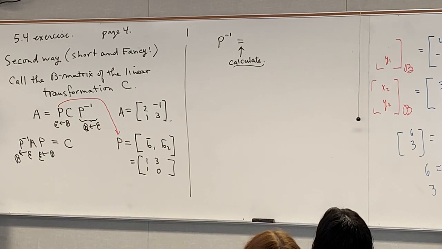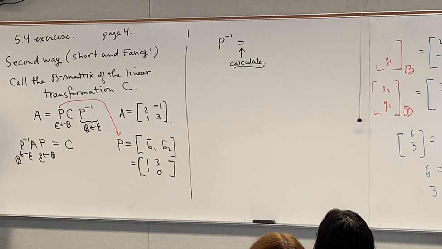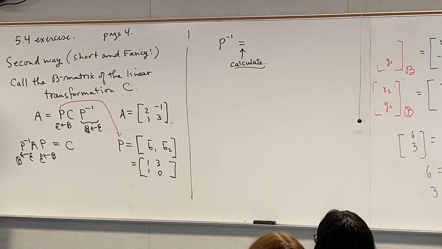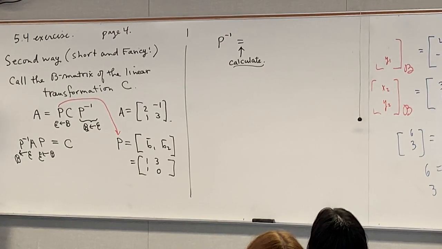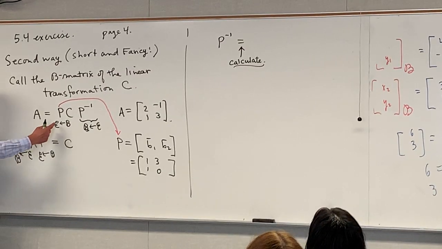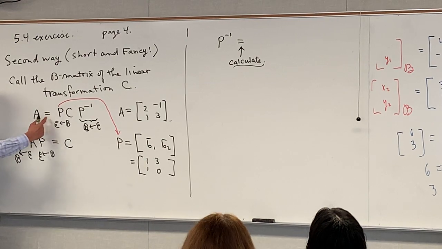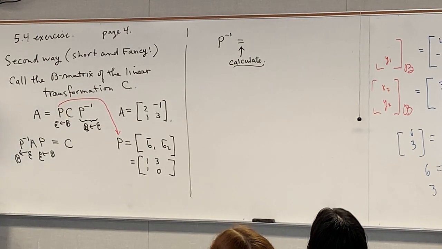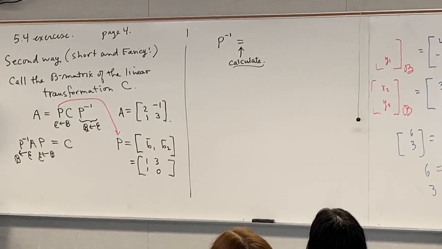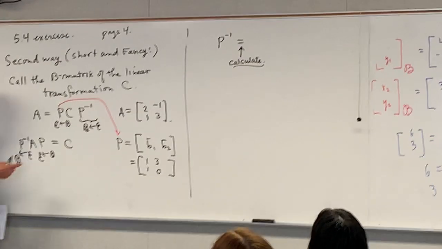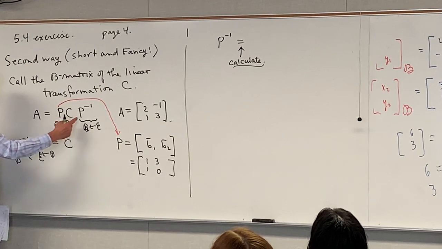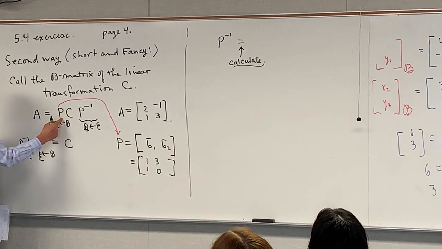Let's just say it doesn't matter which one we call P or P inverse. We just have a matrix and its inverse. I just wrote it this way because this is how we defined our similarity relationship. I don't think there's any law that says you couldn't just as well call this one P and this one P inverse.